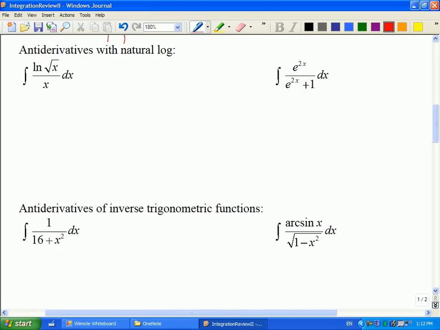Can you think of how to get started on this? Well, we may end up doing substitution, but again, we need to see the derivative in there. And I don't really see the derivative for square root of x. It's not in there, right?